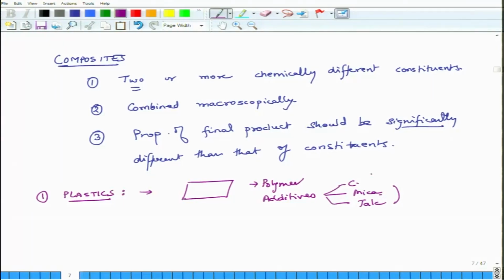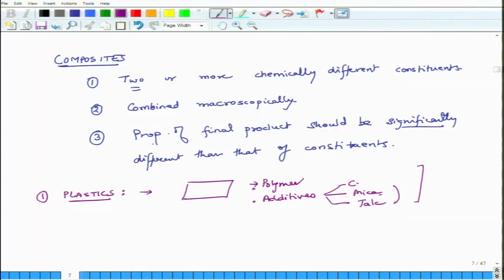Now, if you buy a piece of plastic in the market, this is one chemically different material and the additives are still chemically different, and when you mix them, they are mixed at a macroscopic level.